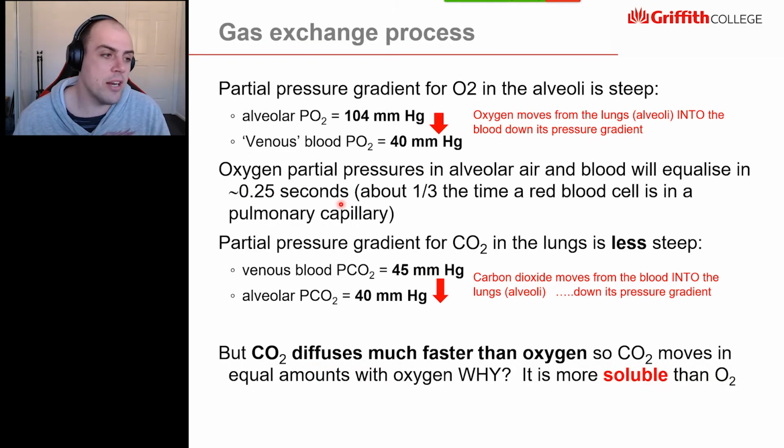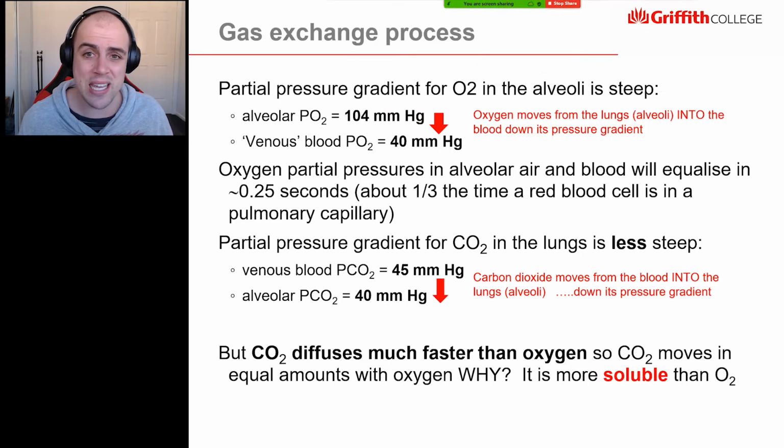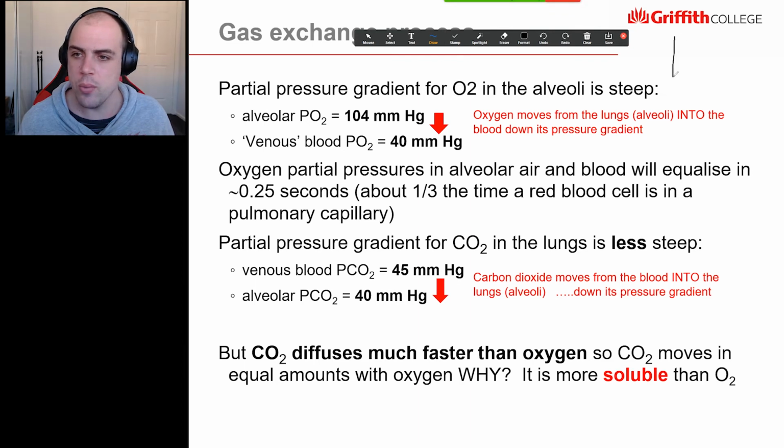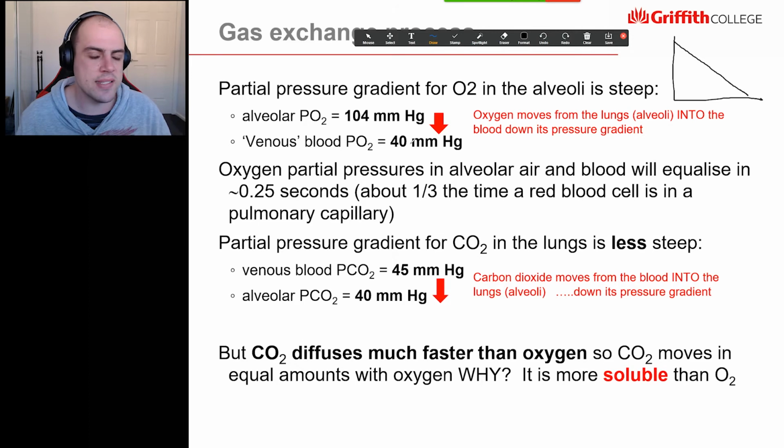Oh, and by a moment, I mean, of course, right now. So, when we look at our partial pressure gradients for oxygen, it is really steep. If I draw a little graph here, basically oxygen looks like this.